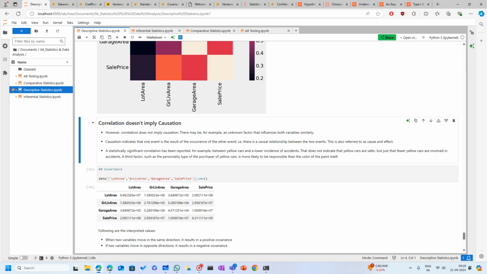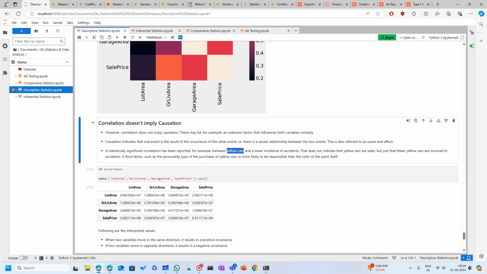For example, a good example is given here. In a survey, they found that yellow colored cars and silver colored cars have the least amount of accidents. And that is reality also. That is how the data set is. Just because yellow colored cars have lower cases of accidents, does that mean yellow is the safest color?